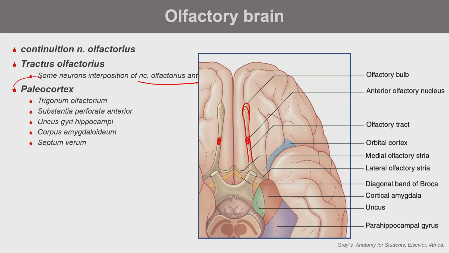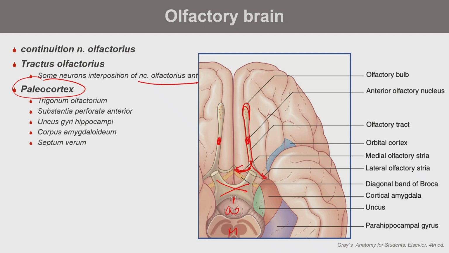Then it is associated with paleocortical structures which are, when we look here on this image, this is from the base, so this is a mesencephalon here, this is a mammillary body, infundibulum, this is a chiasma opticum, and here we have two lines of information flow.